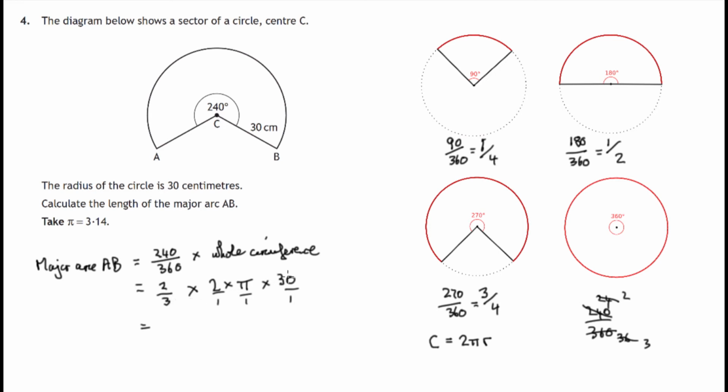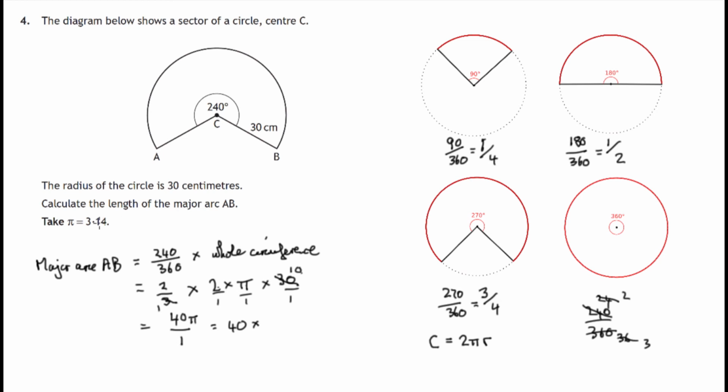You notice 3 in the bottom, 30 in the top. Divide 3 by 3 and divide the top by 3. That'll give you 10. So we're left with 1 times 1 times 1 times 1 on the bottom of the fraction. On the top of the fraction, 2 times pi times 10. Well, 2 times 2 is 4, times 10 is 40, times pi. So we've got 40 times pi.